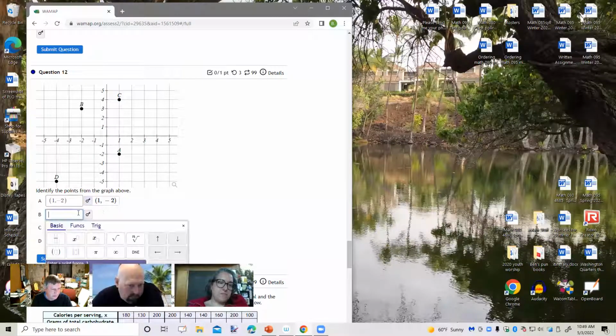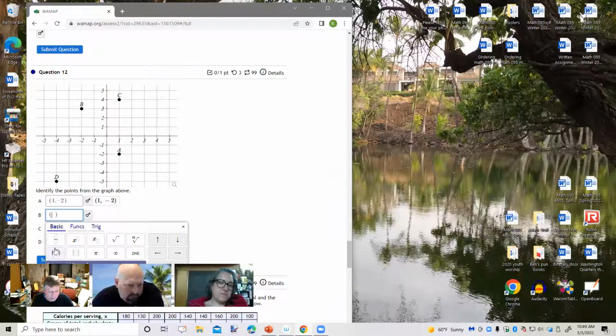Now, another way I can do this, rather than using the parentheses on my computer keyboard, I can click on that button. And let's see, B is what? -2, 3. So -2, comma. Again, don't put any space in. Well, let's see what happens. Nope, it doesn't like it.